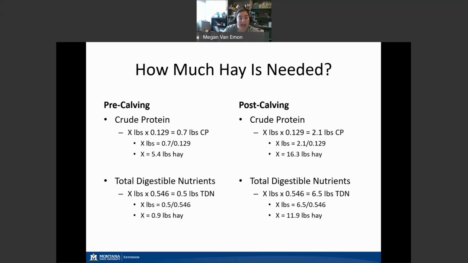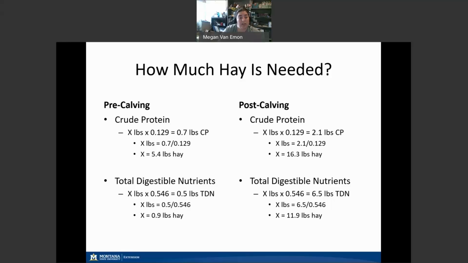So if we're going to feed a hay, how much are we going to need of that hay to meet those requirements? If we focus right now on that left column on pre-calving, on the top portion, we're looking at crude protein. You can do this with any sort of feed ingredient you need to help make up that shortfall of the energy or protein requirements. So basically, we're going to solve for X. We start with X pounds of the feed, in this case hay, multiplied by the protein of that feed as a decimal.